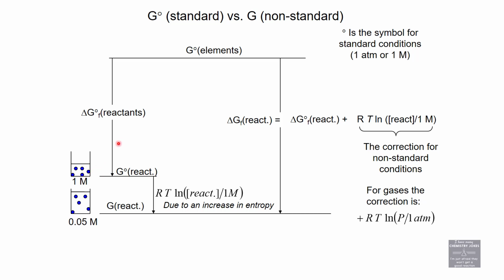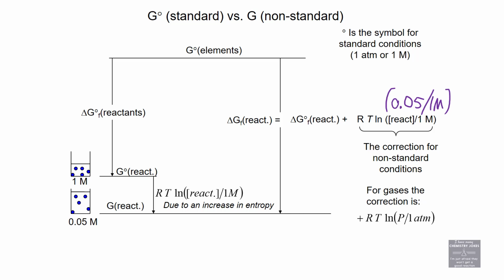Okay, numerically, what does that mean? This is something you can find in the back of a table. It's delta G standard at 25 Celsius in the back of a book. This is what we will call the correction factor for non-standard conditions. So for this specific example, I put in 0.05 molar on top of my equation there, 0.05 molar divided by 1 molar because that's non-standard over standard.